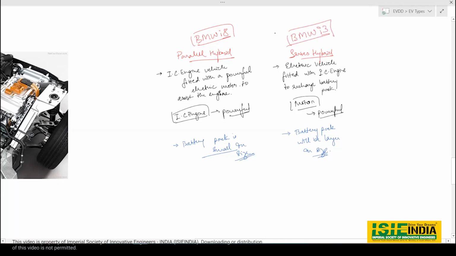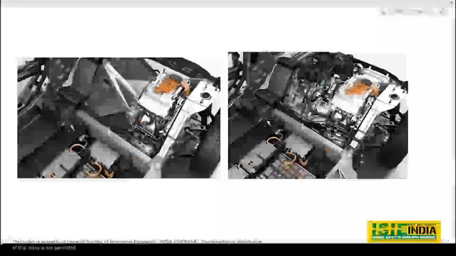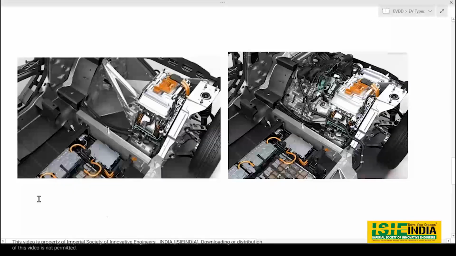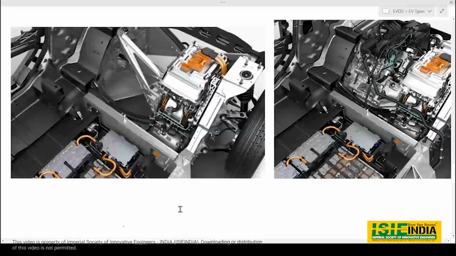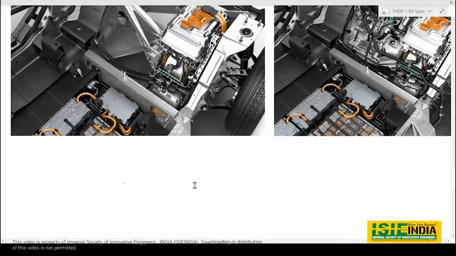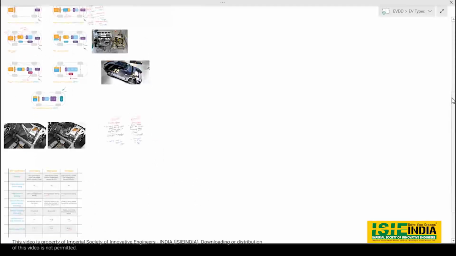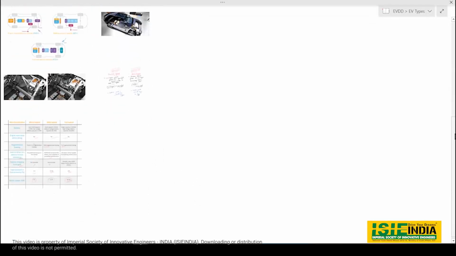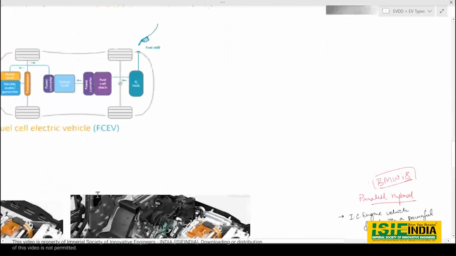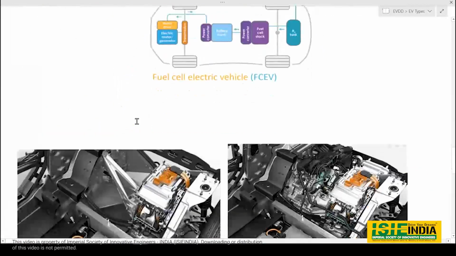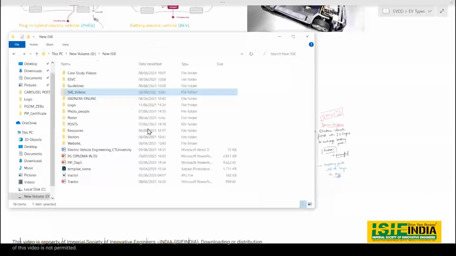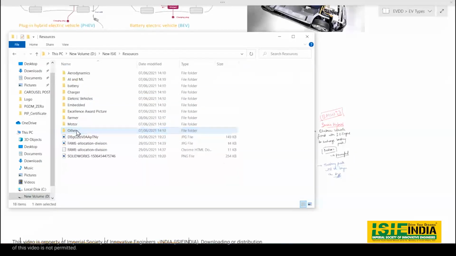So BMW i3, as you can see over here, there are two images for this vehicle. Let me check if I have another image also. I might have the other image also, just a minute.